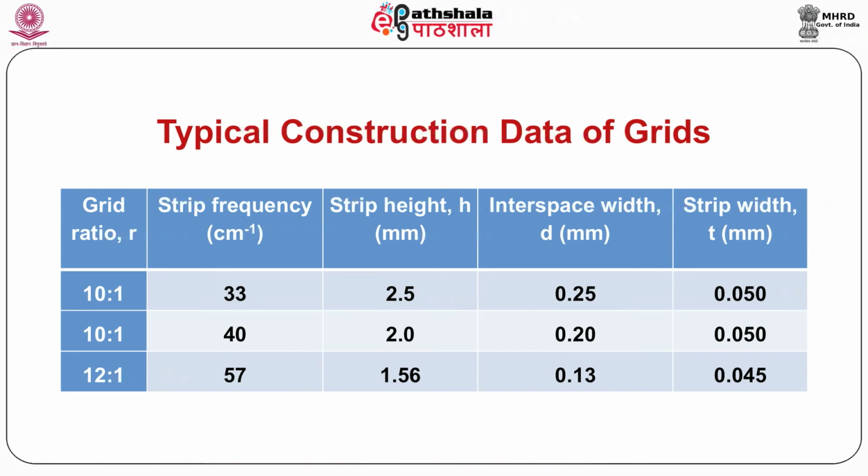And in case of a 12:1 grid, the strip frequency is 57 per centimeter, 1.56 is the strip height, 0.13 is the interspace width, and 0.045 is the strip thickness.